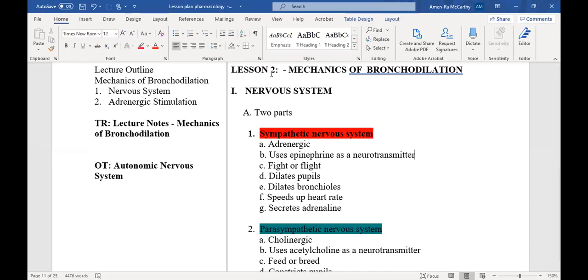Adrenaline. Or the sympathomimetics mimic the effects of the what? Sympathetic nervous system. The sympathetic nervous system, yes, is going to give you bronchodilation.